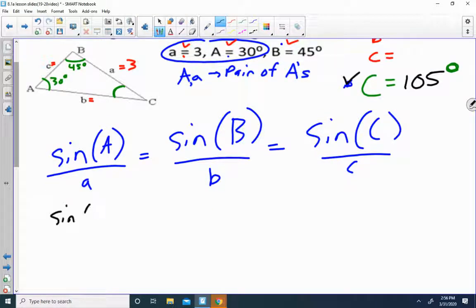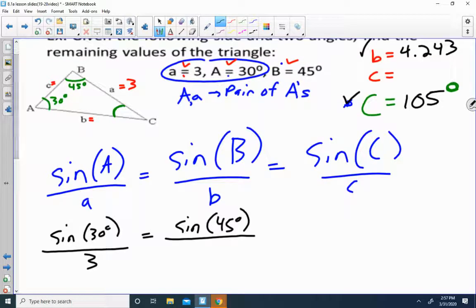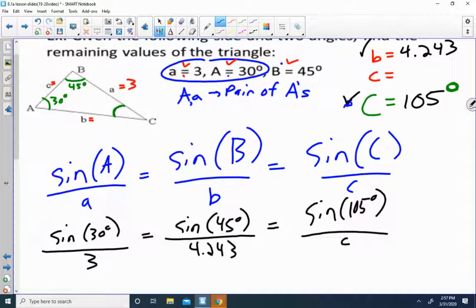Here for A, we'll have sine of 30 all over 3. Over here, sine of B is going to be sine of 45 degrees all over little b, which we got 4.243. And then sine of C will be sine of 105 all over little c. And our goal is to find little c.